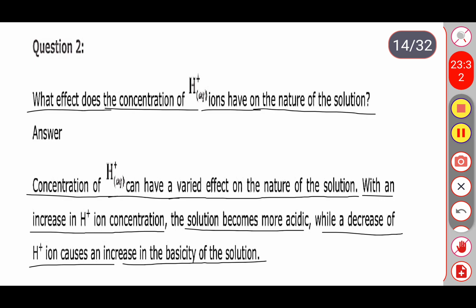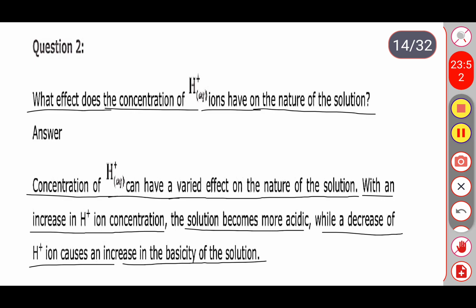If the number of hydrogen ions decreases, obviously the strength of the acidic solution will decrease. If hydrogen ions decrease, the solution will be converted from acidic to basic.